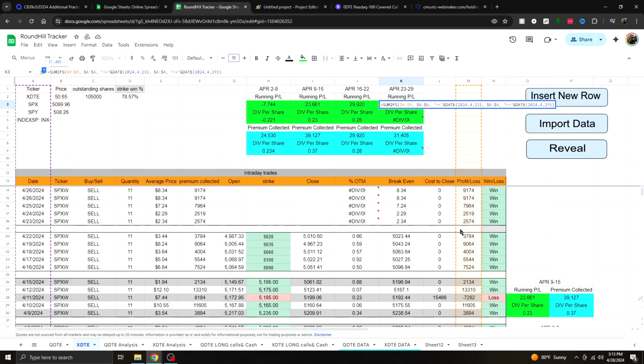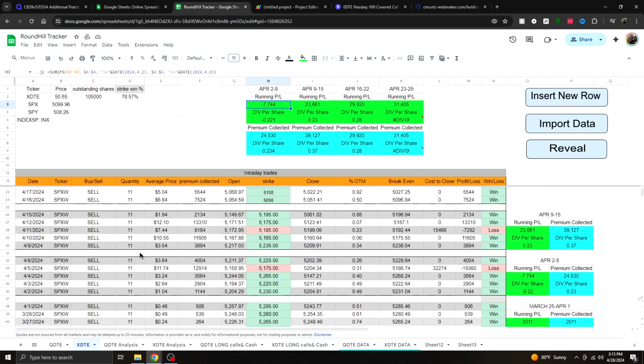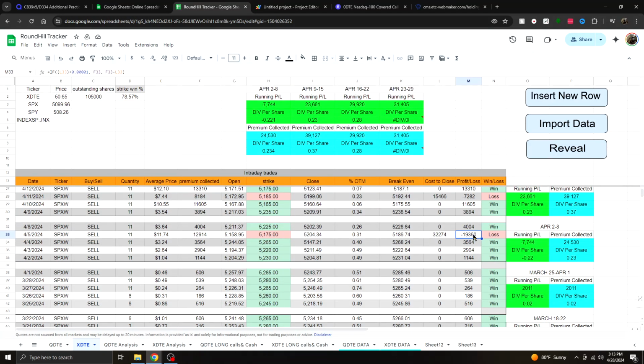If the sum for this week is positive, or whatever the sum is, it'll print here. Like this one on April 8th was negative because we had this huge loss here, negative 7744, and that's what that is here. So that's how these blocks work.